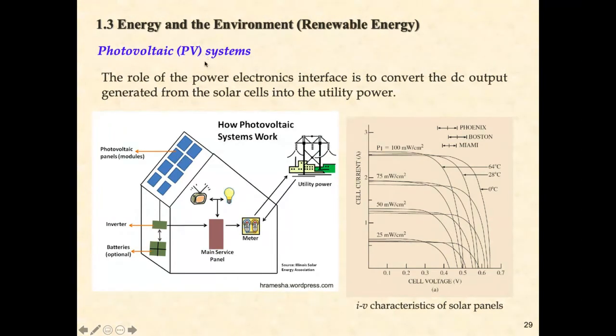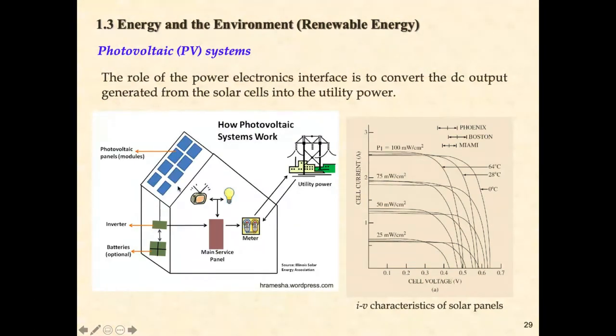This is actually the conversion term, from light to voltage. Sometimes we call it a solar energy system. Anyhow, we use this kind of device to collect the sunlight with specific wavelengths and then generate electricity. The output here is DC.